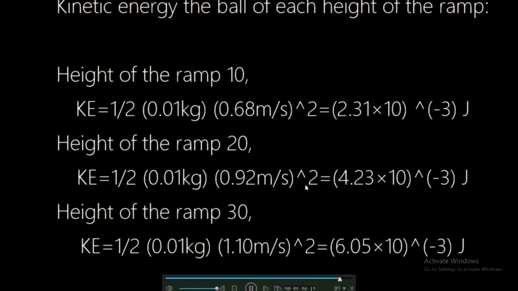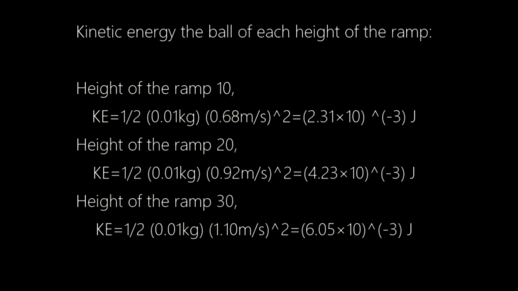As we already know, kinetic energy is equal to work done. So, work done for 10 cm is 2.31 times 10 to the power negative 3 joule, 4.23 times 10 to the power negative 3 joule for 20 cm, and for 30 cm is 6.05 times 10 to the power negative 3 joule.